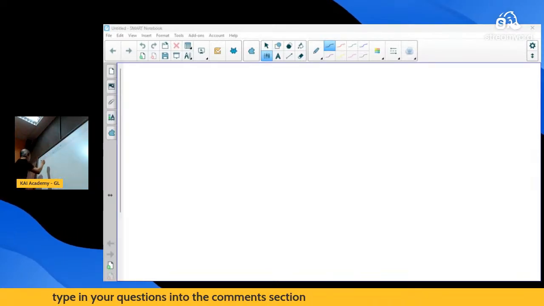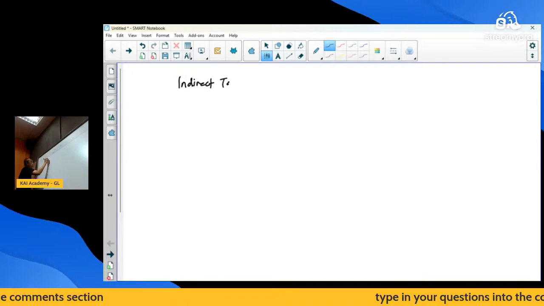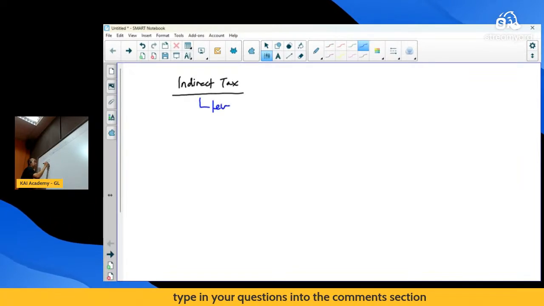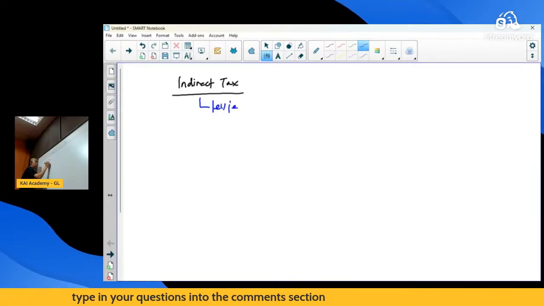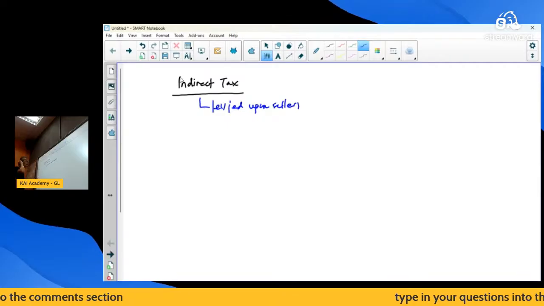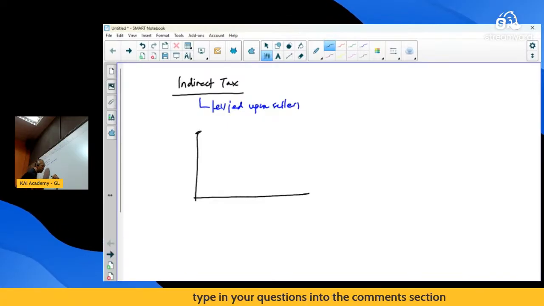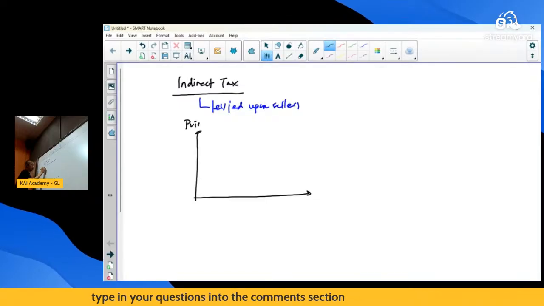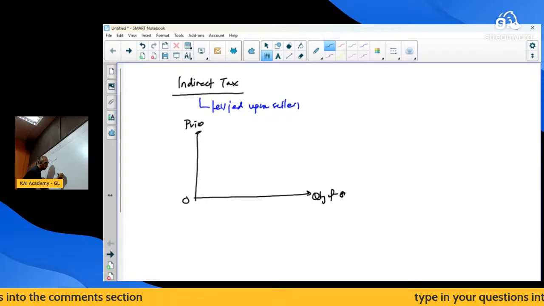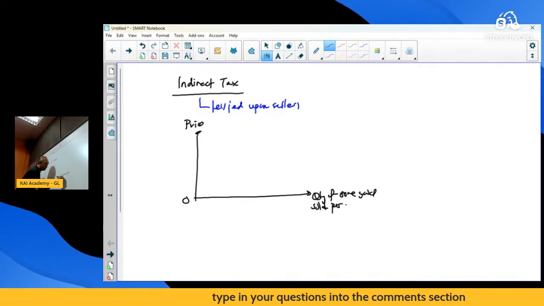So if you have what we call an indirect tax, for example, right? So indirect tax will be levied upon sellers. Right, so if you levy an indirect tax on seller using a demand supply framework, so vertical axis price, horizontal axis quantity of some good sold per week.